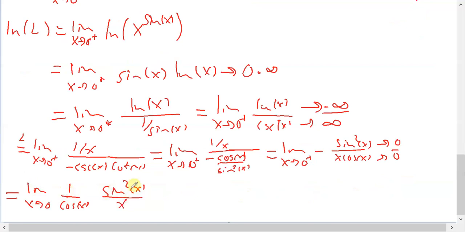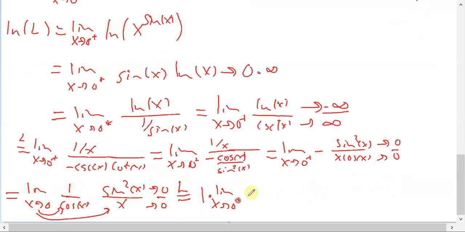This part I can do. This part's going to require L'Hopital's rule. This part I can see is still a 0 over 0 form. This is going to give me 1. So I'm not going to write the step, but I can take the limit of that and the limit of that separately. And when I do that and apply L'Hopital's rule to the second one, I get 1 from this limit because it's 1 over cosine of 0. But the second one is where L'Hopital's rule is being applied.